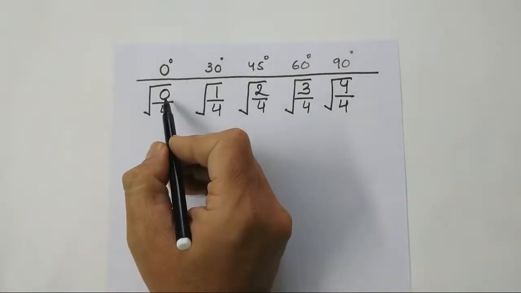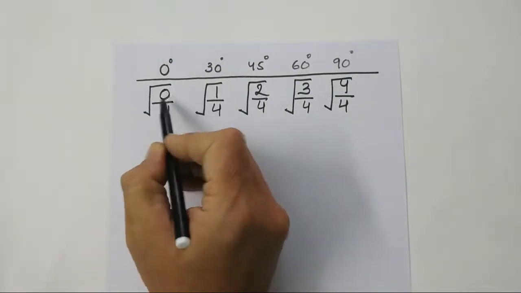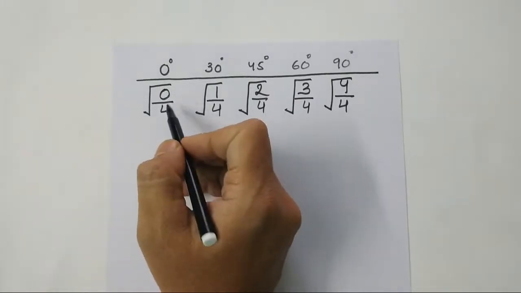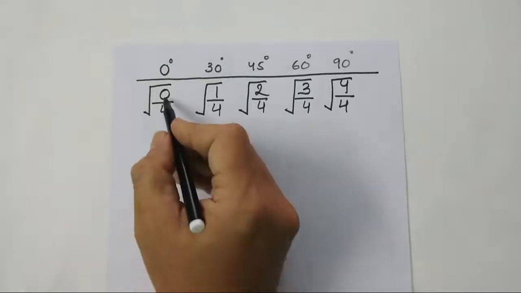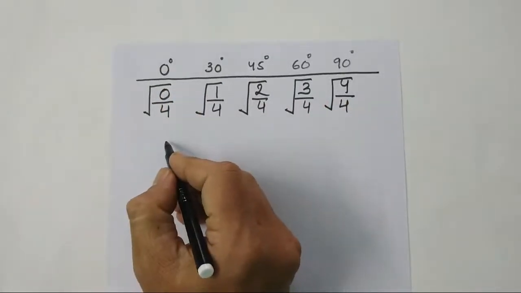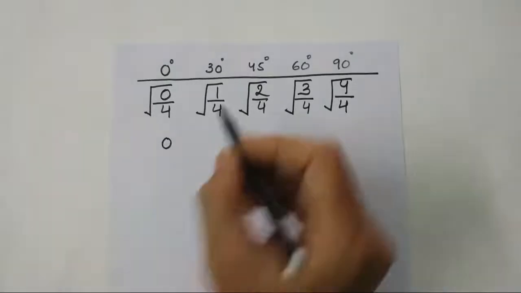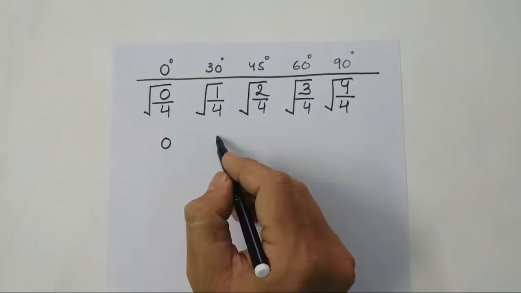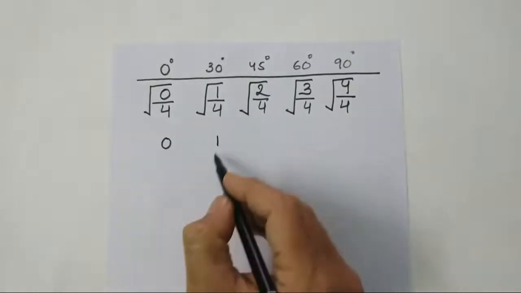Now square root of 0 upon 4: any time the numerator is 0, dividing it by any number gives you 0 only. So the answer is 0. The square root of 1 upon 4 is 1 upon 2.